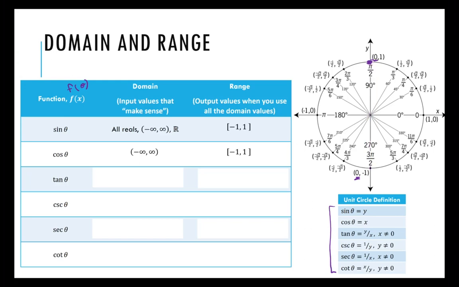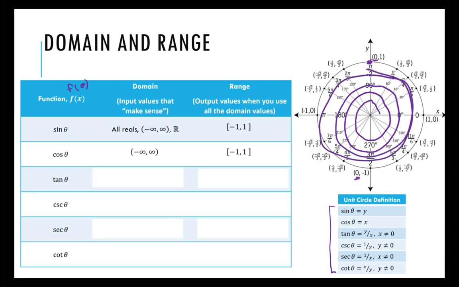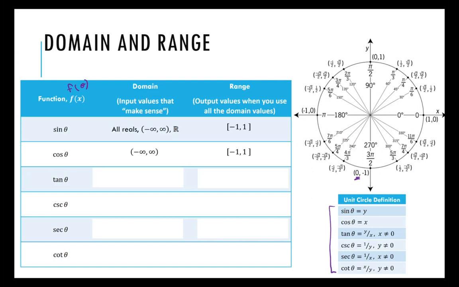Specifically, that's going to be at pi halves and at 3 pi halves. And then of course you could rotate more and more times. Because of this periodic and coterminal angle thing, we have to deal with every single iteration of pi halves and every single iteration of 3 pi halves that can show up.